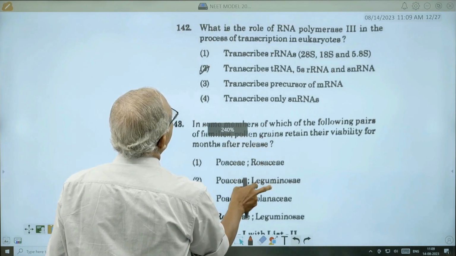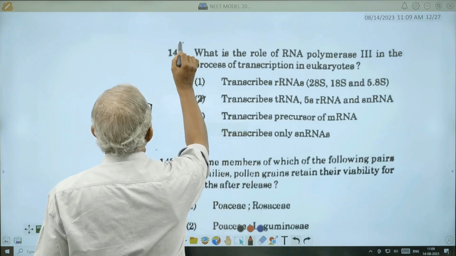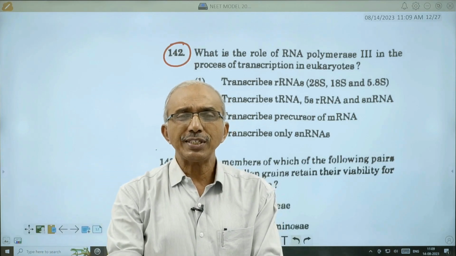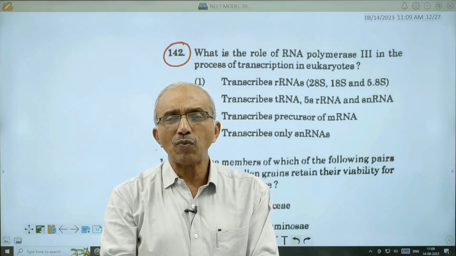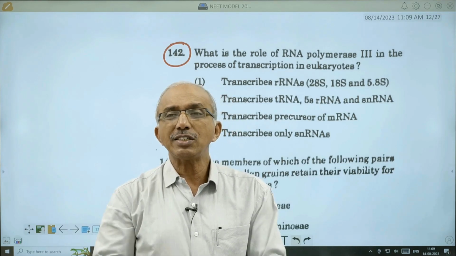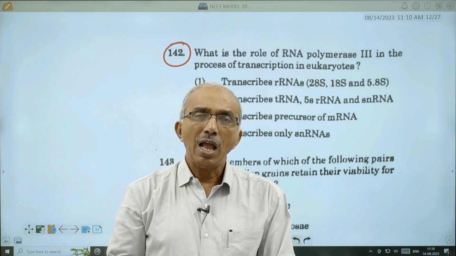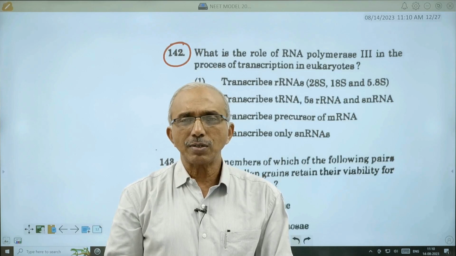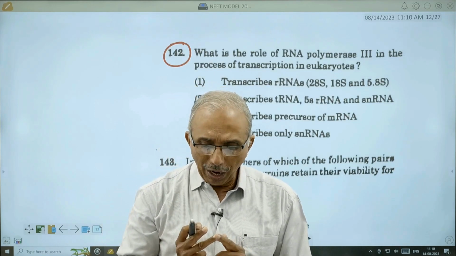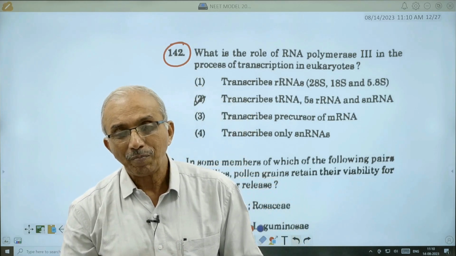Which is the role of RNA polymerase 3? In eukaryotes, there are at least 3 types of RNA polymerases, or we can say 3 or 4 types. Mainly, there are 3 types: RNA polymerase 1, RNA polymerase 2, RNA polymerase 3.